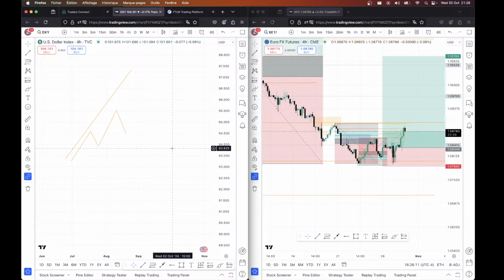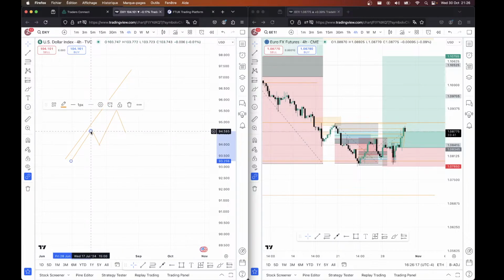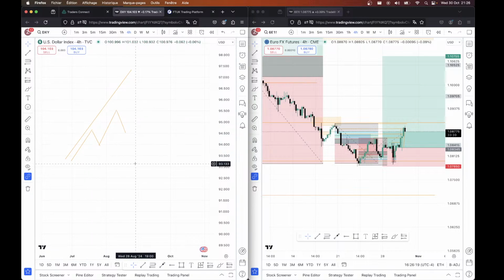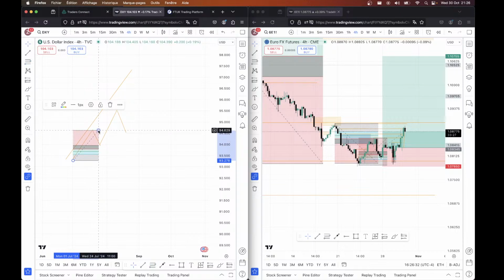What I believe, and it seems to work in the US dollar index, is that whenever price in a trend retraces, it retraces back into a specific zone.